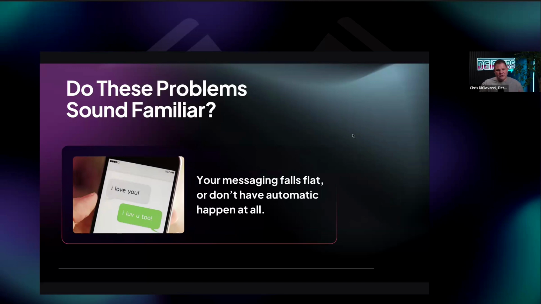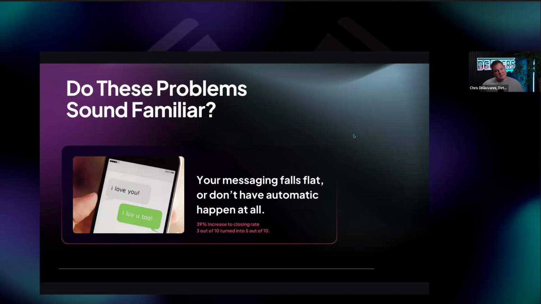The other one is that maybe you had automations or you were given something and the messaging falls flat, or it doesn't happen automatically at all. We found that this was a massive killer for sales. People don't want something that feels robotic.